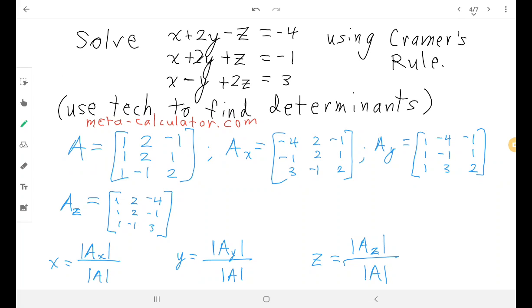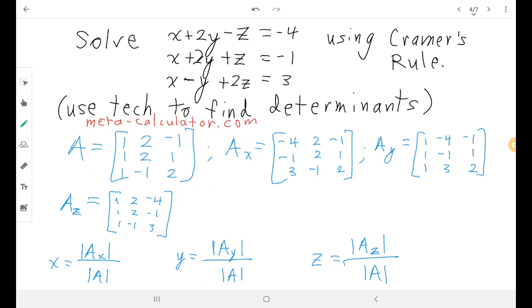So 1, 2, negative 1, 1, 2, 1, and 1, negative 1, 2. And then we'll use B as each of the things, and we'll get determinants, okay?